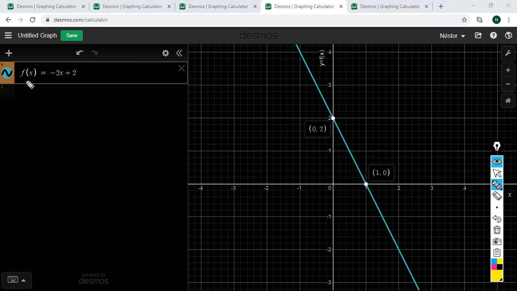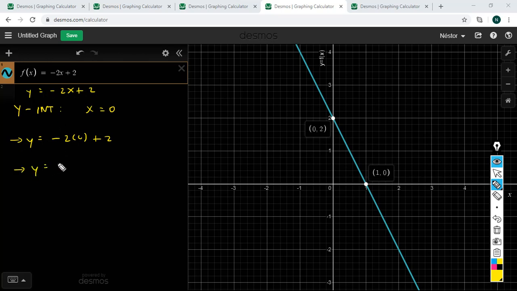This one. f of x equals minus 2x plus 2. Again, very quickly, in under a couple of minutes. For the y-intercept, what do we do? We make x equals 0. So let's do it. y equals minus 2 times 0 plus 2.